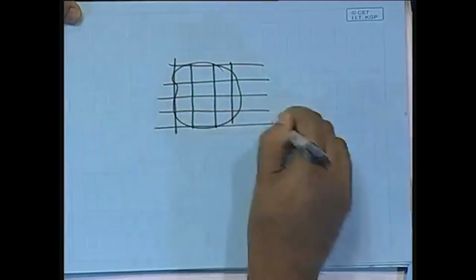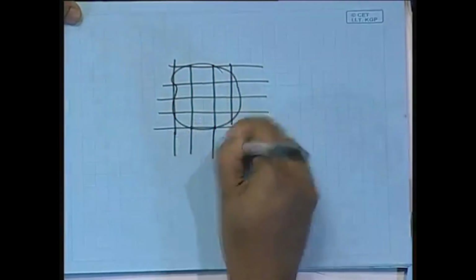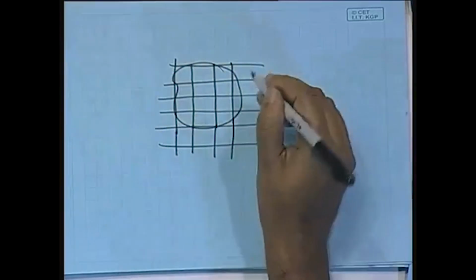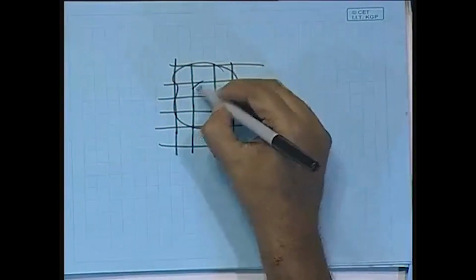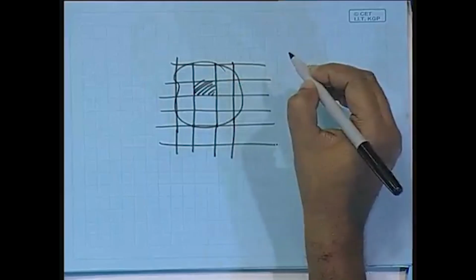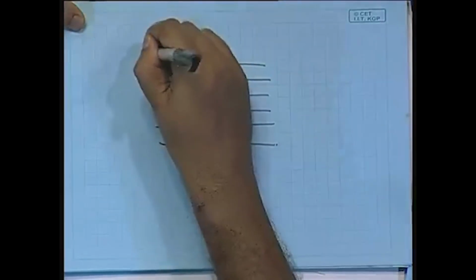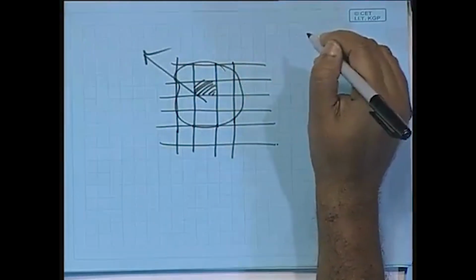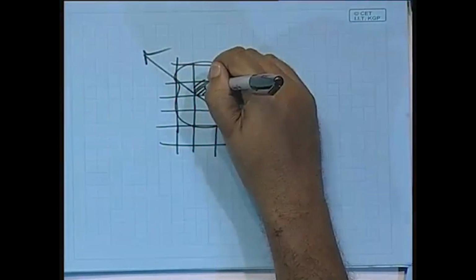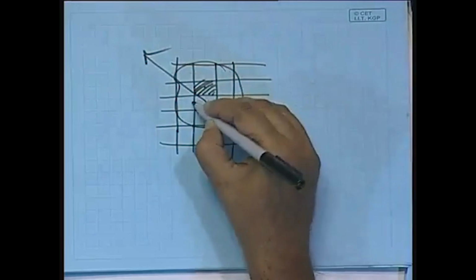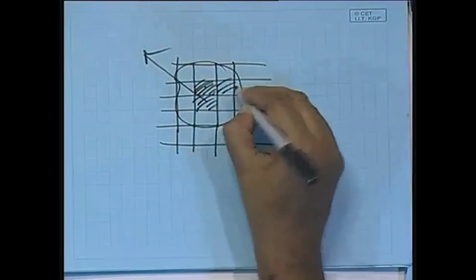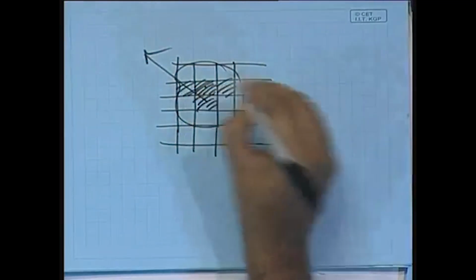These are all 16 by 16 blocks. Now, you see this block is fully inside the object. So, if the object has a displacement vector like this, this particular block has that displacement, and even the next block has it, even all these blocks which are fully contained.